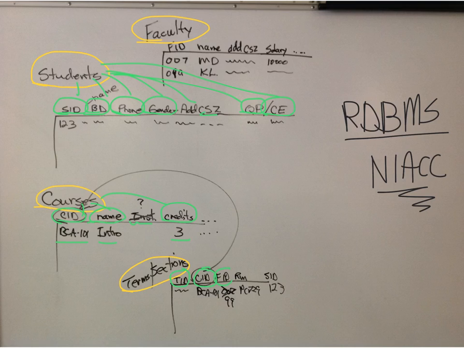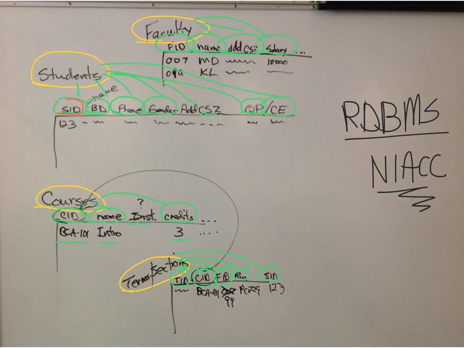Course ID, faculty ID, room, student ID. Has to do with this term. Now let's do one more up here. Faculty ID, name, address, salary. All these define or are related to a faculty member.